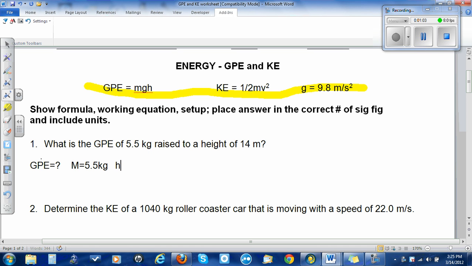And I have an H, a height of 14 meters. And G, once again, it's that constant, unless I tell you we're in outer space or another planet, is going to be 9.8 meters per second squared.